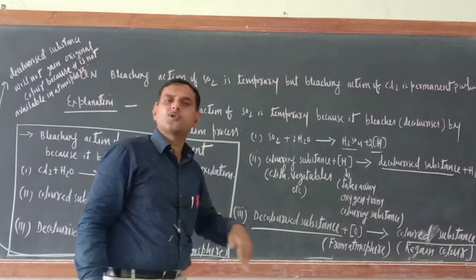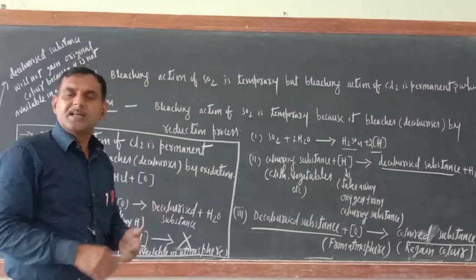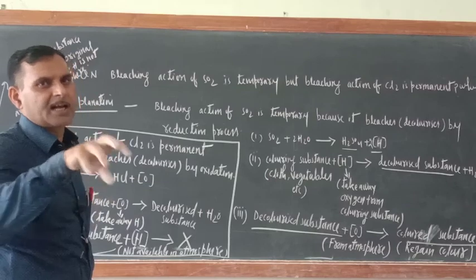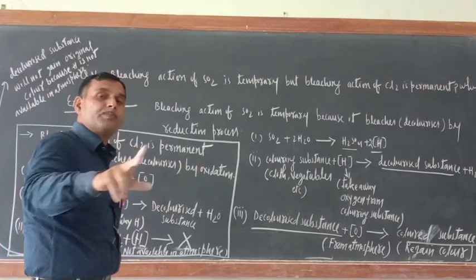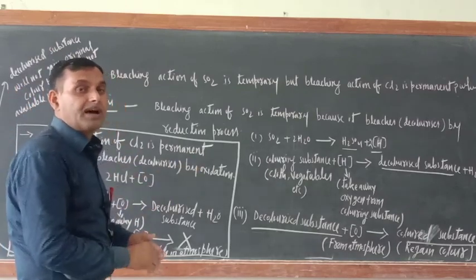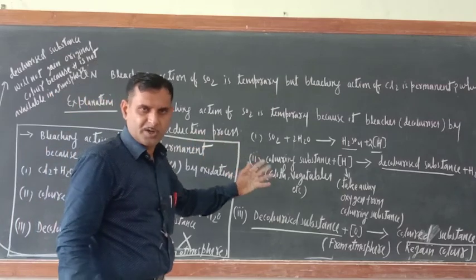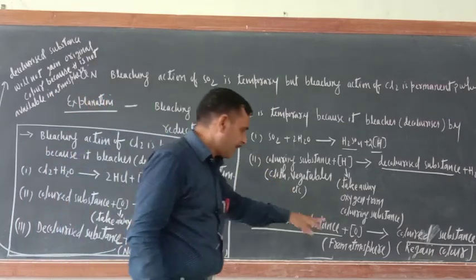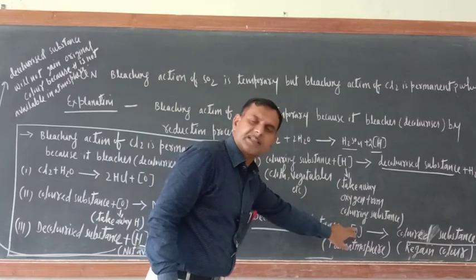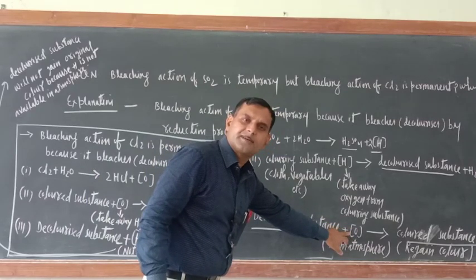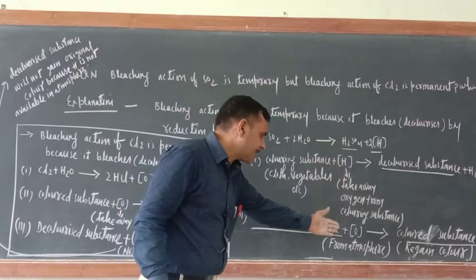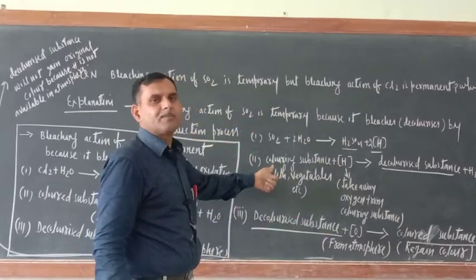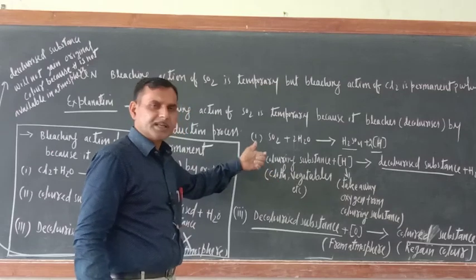Because once SO2 bleaches the substance, after some time they again regain their color, because SO2 bleaching action is an example of the reduction process. And the opposite of reduction is oxidation. Here oxidation is happening in step number third, because nascent oxygen is gained by the decolorized substance. That is why the bleaching action of SO2 is temporary.